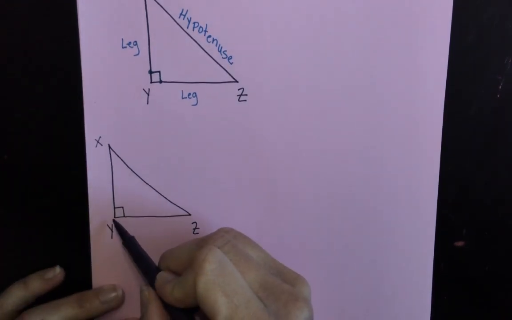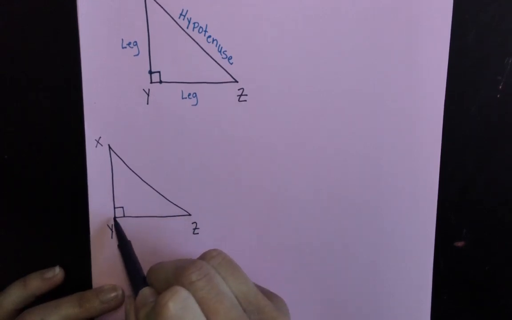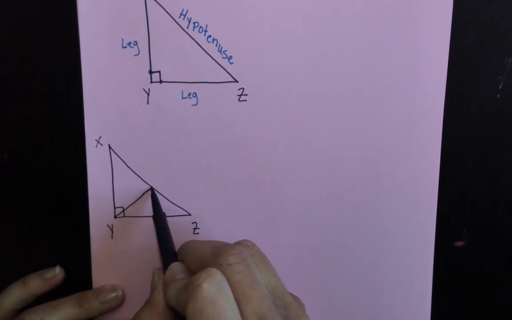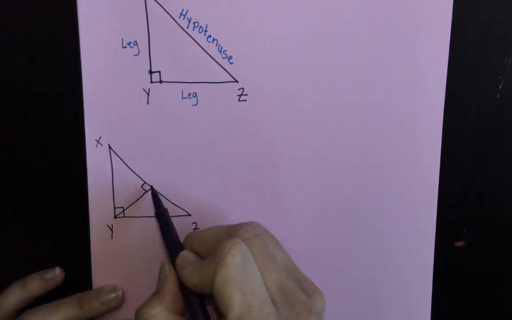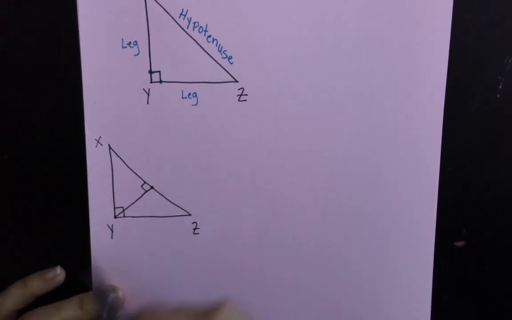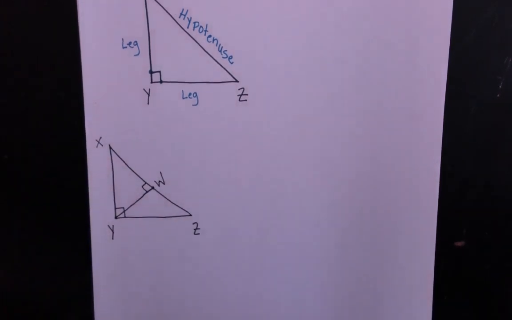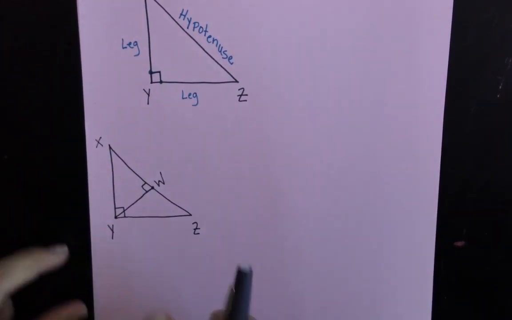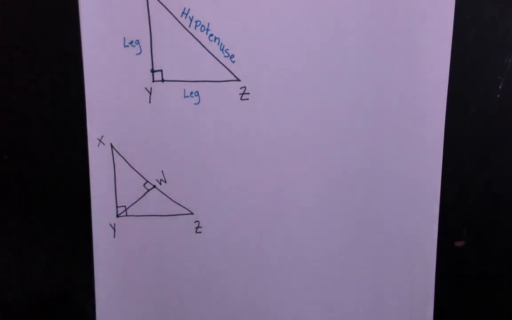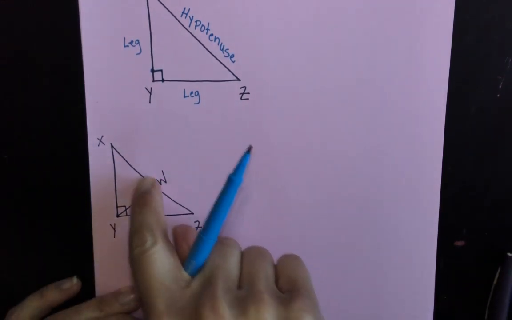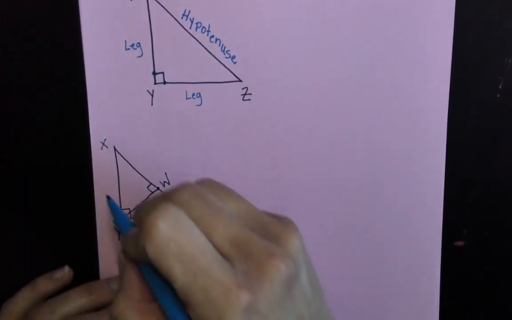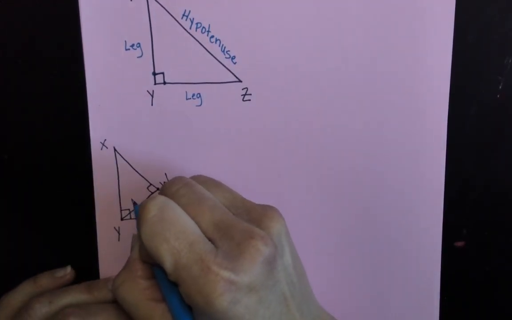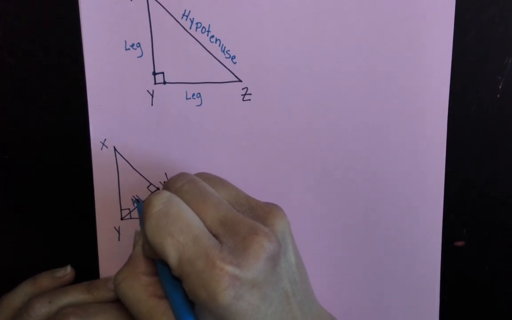This time, we're going to take a segment from Y to the hypotenuse, and we're going to make a right angle. That's going to create this other point. We're going to go ahead and call that W. Now, this segment that's drawn from the vertex to the opposite side and is perpendicular to this side is called our altitude. So this guy right here, we're going to call our altitude.